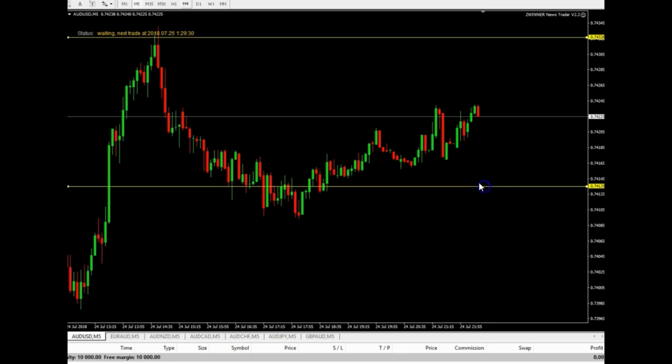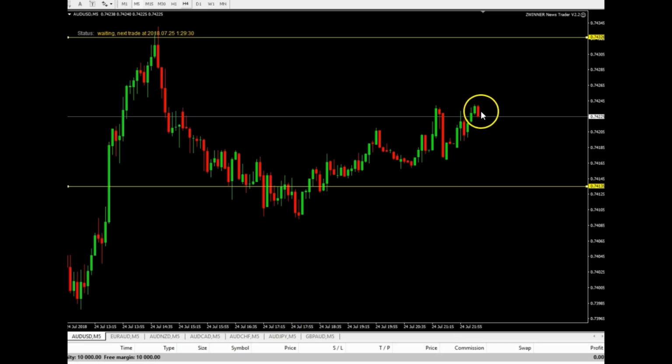Now, whichever way the market goes, when the news comes out the market will go either up or down. So our order will be triggered, and depending on the deviation of the outcome from the expected, if the deviation is very high, then the movement will be very high. If it's low, then the movement will be low.